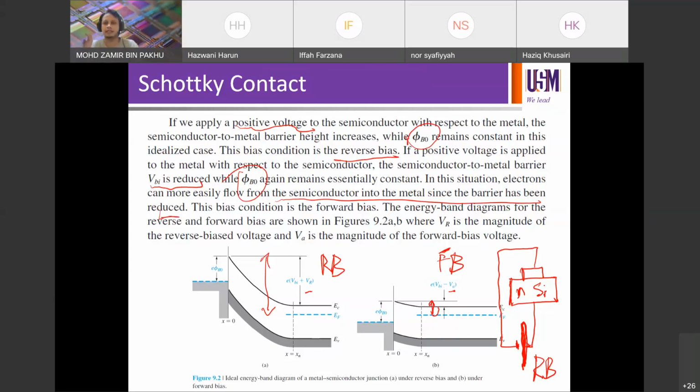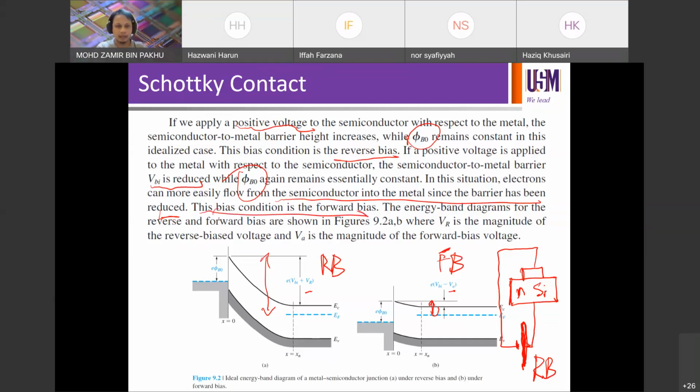So when you discuss the flow of electrons, you have to look at what is changed. Is it the barrier on the metal side or on the semiconductor side? If the barrier for the semiconductor is reduced, this is called the forward condition.